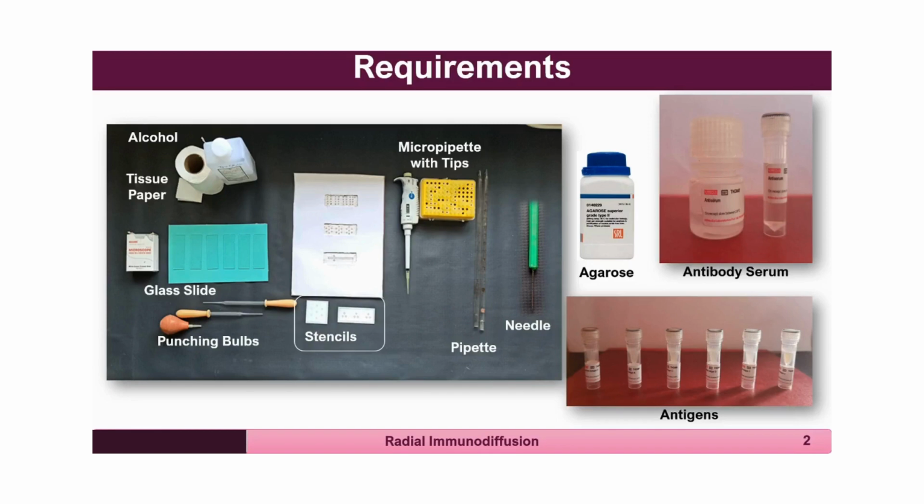Let us see what equipment you require to demonstrate this simple immunodiffusion technique, where the antigen and antibody are made to diffuse in the agarose gel and meet at a point.